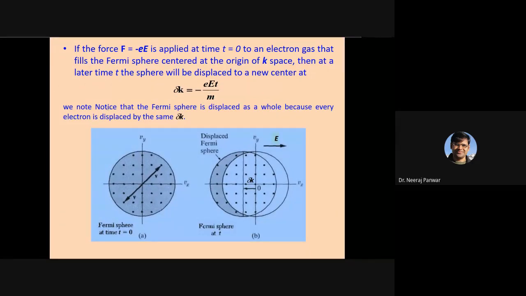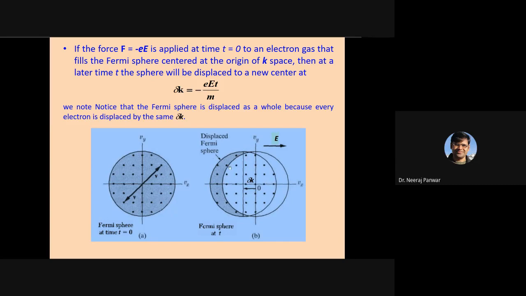We notice that the Fermi sphere is displaced as a whole because every electron is displaced by an amount delta k. But if we consider this region, look at the cursor, for every electron that is moving in this direction, there is another electron that is also moving.